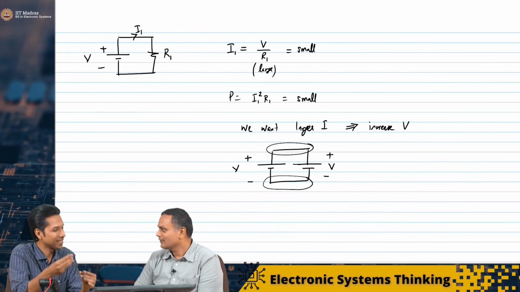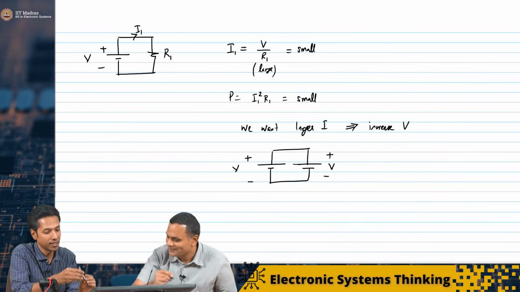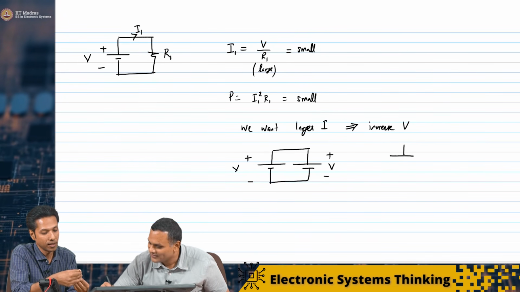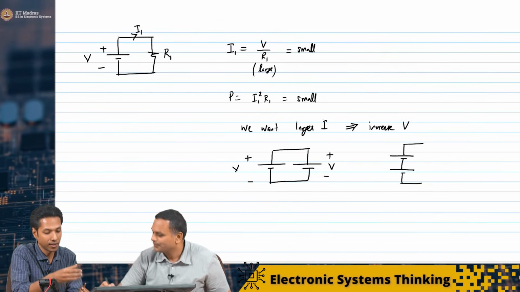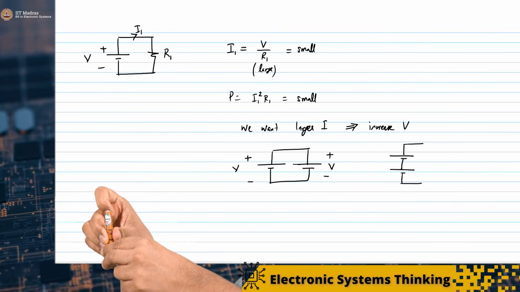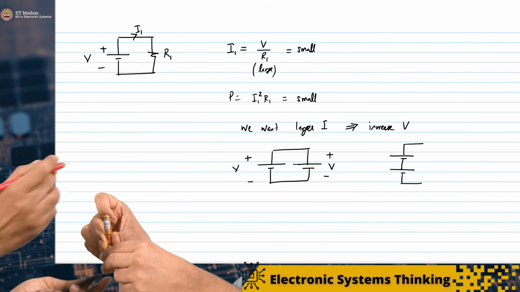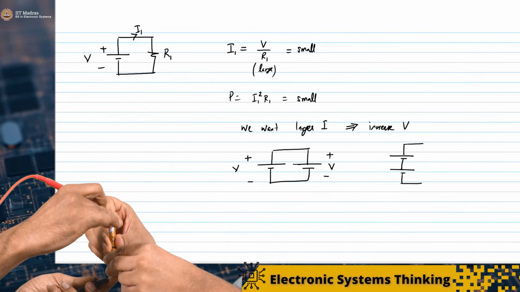We'll try the other option, connecting them in series. We'll see what that does. I'm going to show that pictorially here. Let's see. Is it really increasing? Of course. 3 volts.